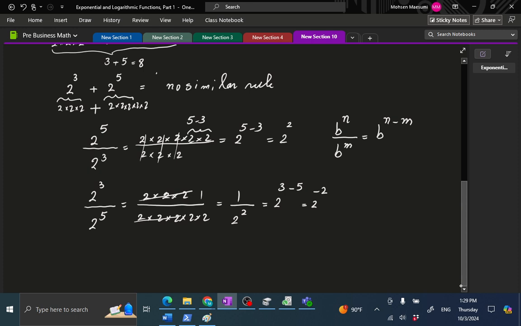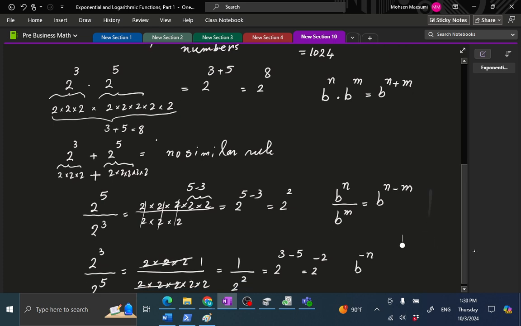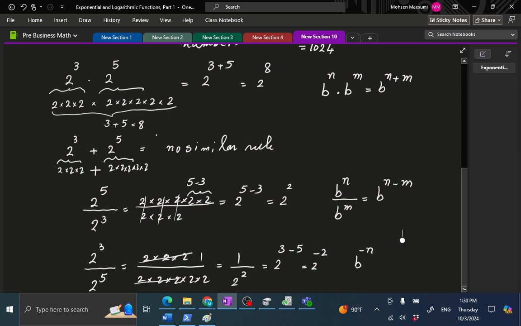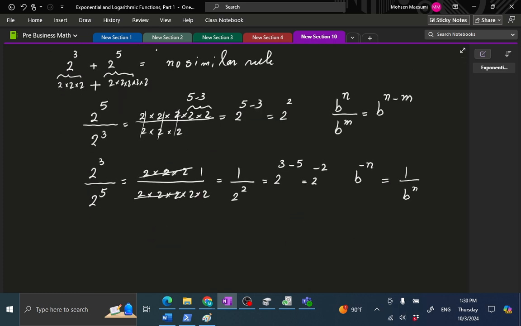So if I have b to the power of minus n, I cannot make sense of that by saying, let's write a number minus 3 times. That doesn't make sense. To make sense of it, we define b to the power of minus n to be 1 over b to the power of n. So the meaning of a negative exponent comes out here.